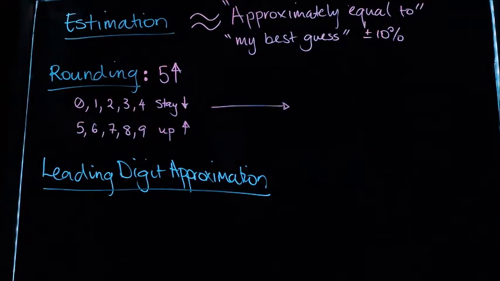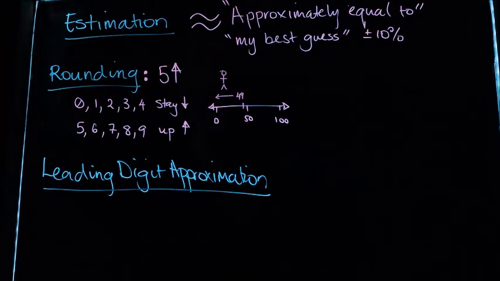Imagine if we had a number line and we put 0 down one end, and we put 50 in the middle, and we put 100 up here. Now, it's easy to understand if this number is 49, you are closer to 0. If this was you walking, you only have to take 49 steps to get to 0, compared to 51 to walk to 100.